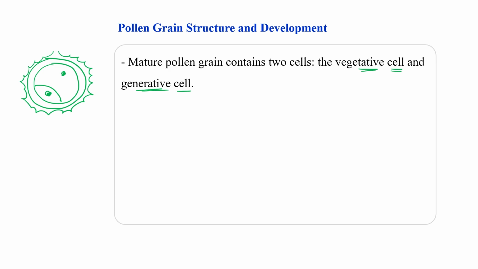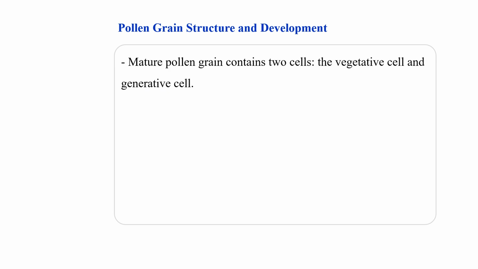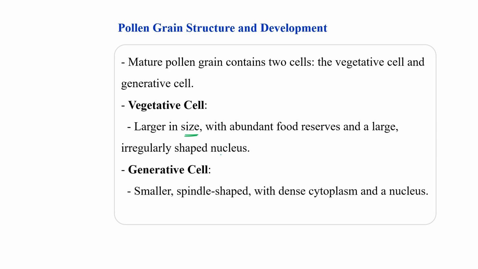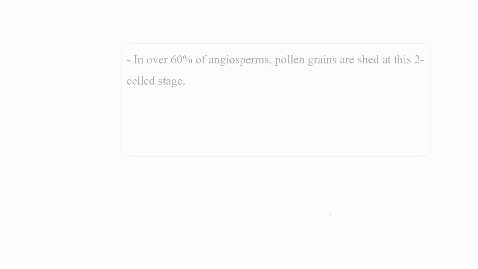The vegetative cell is large in size with abundant food reserve and a large irregular-shaped nucleus, while the generative cell is comparatively smaller, spindle shaped with a dense cytoplasm and nucleus. And this generative cell floats in the cytoplasm of the vegetative cell.